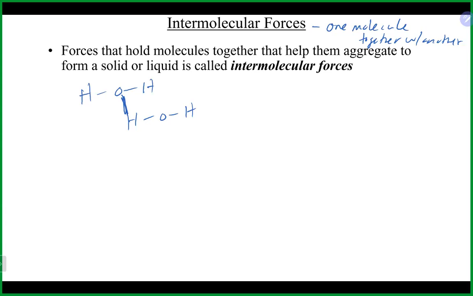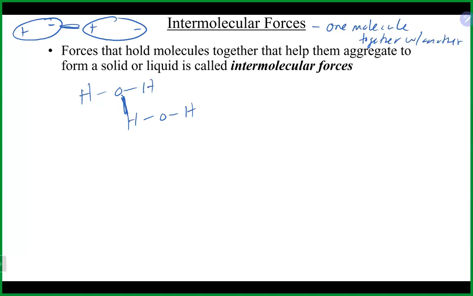They all have the same basic interaction happening, and that basic interaction is positive and negative. It's electrostatic attraction: the positive side of one molecule is attracted to the negative side of another. That's essentially how all intermolecular forces work.